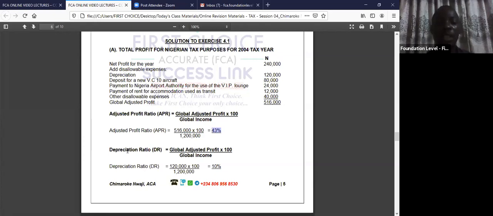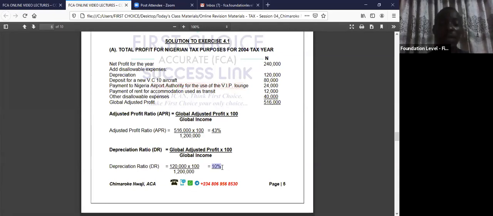We do the same thing for depreciation and say depreciation ratio. We look for that depreciation, which is 120, and divide it by 1,200,000. Converting it to percentage, it means your depreciation, which is in lieu of capital allowance, is 10% of your profit.